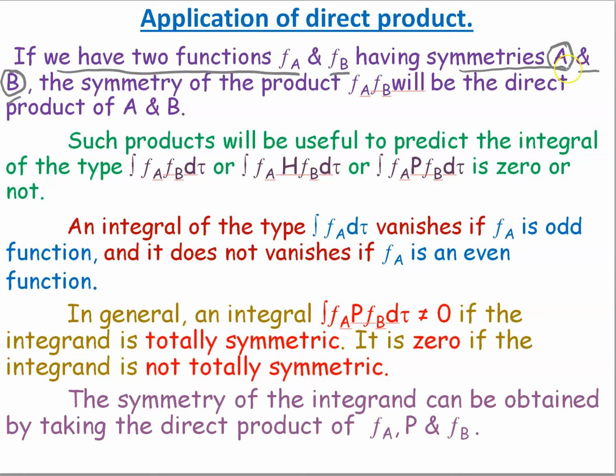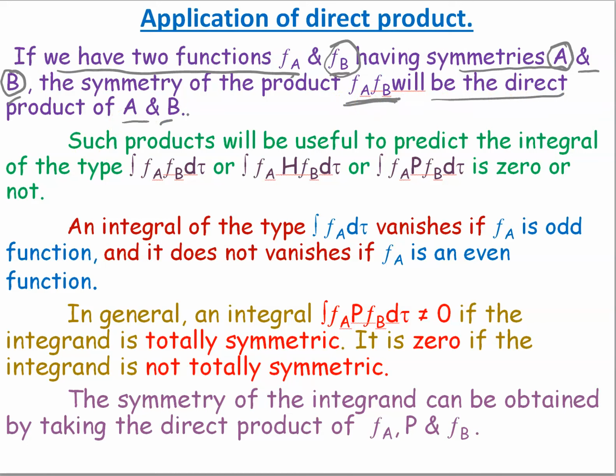Suppose the basis for the irreducible representation a is the function fa, and the basis for the irreducible representation b is the function fb. The symmetry of fa is a, and the irreducible representation corresponding to fb is b. Then the symmetry of the product function fa into fb will be the direct product of a and b.